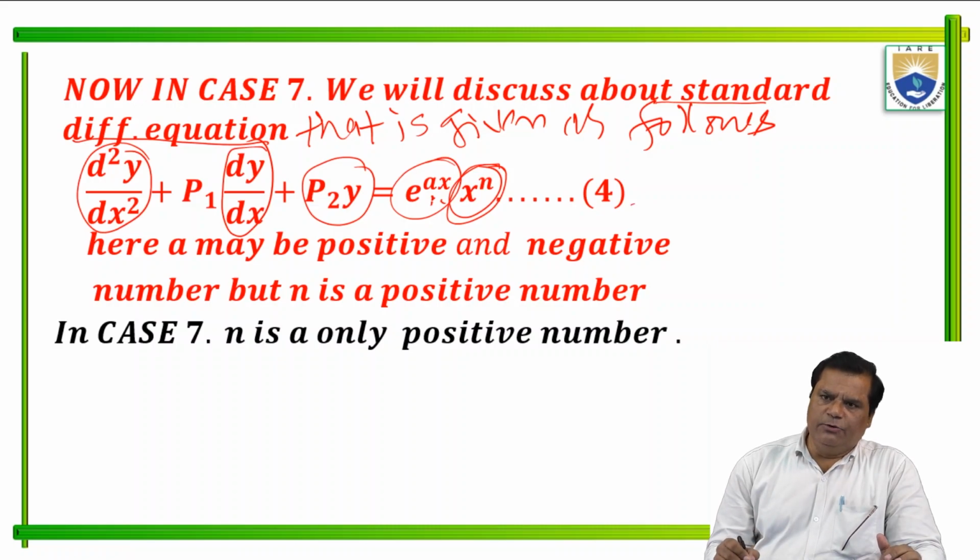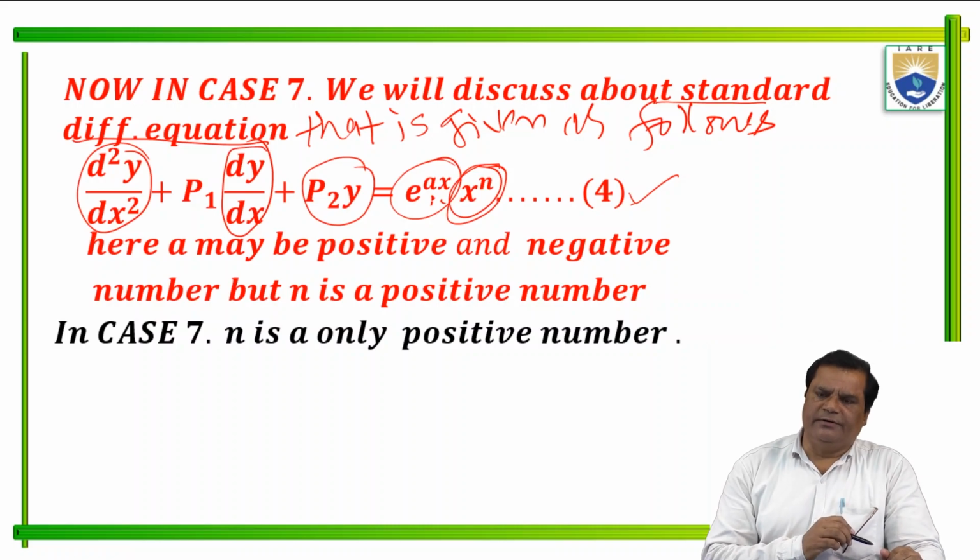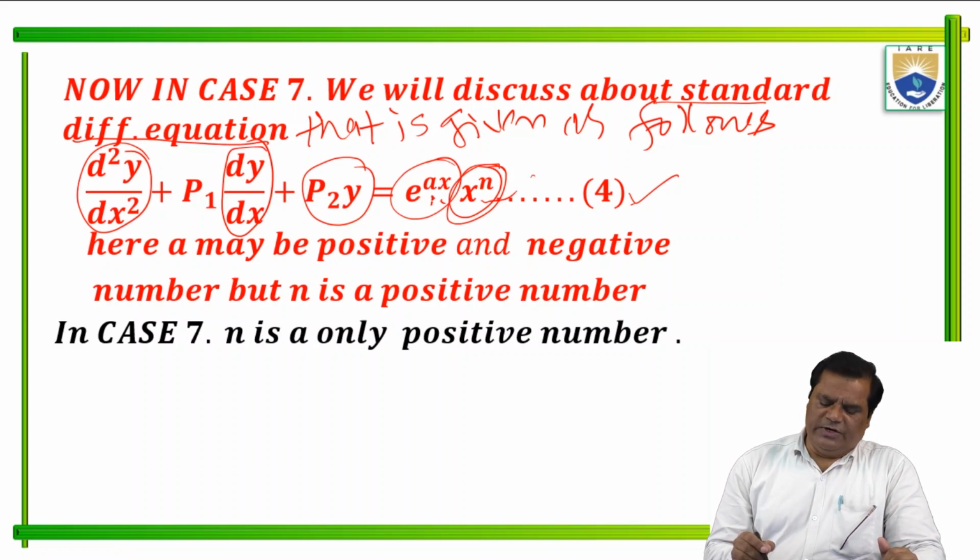In equations 2, 3 and 4 the exponential function is common, but here V is an algebraic function. V changes in case 7. The first function e^(ax) does not change, and V is x^n.